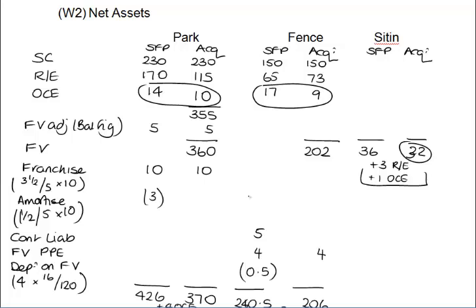Is it 232? Have I misread? Identify including any contingent liabilities. Well, the 202 comes from the question. And then, oh, I need to put through our fair value adjustment. 150 plus 73 plus 9. 232, yeah.